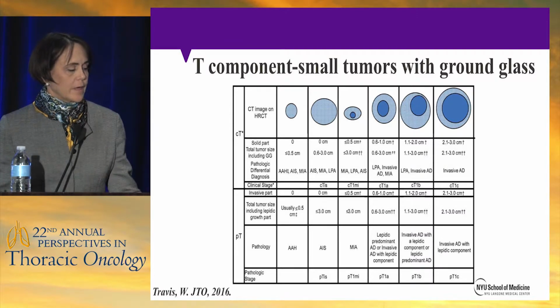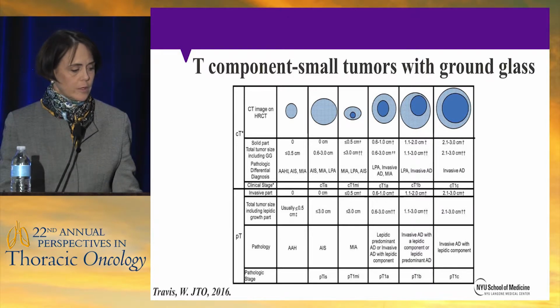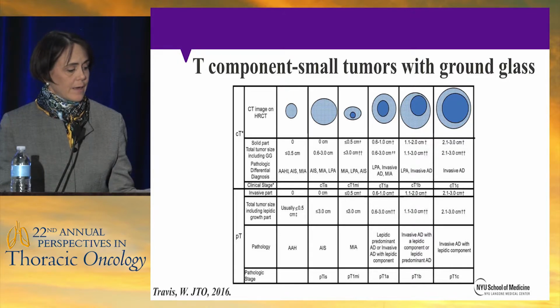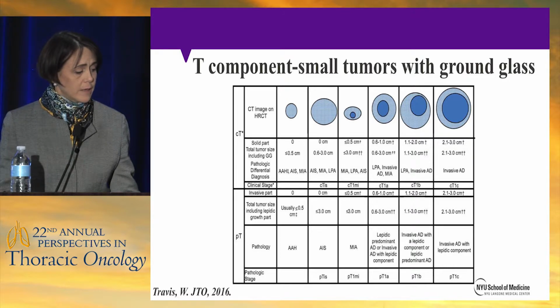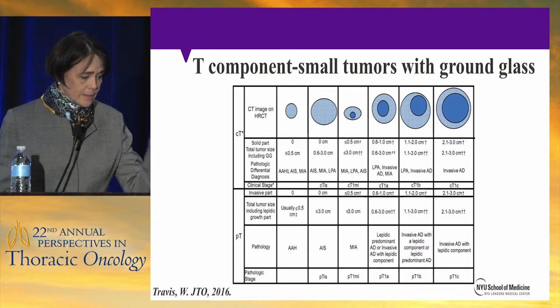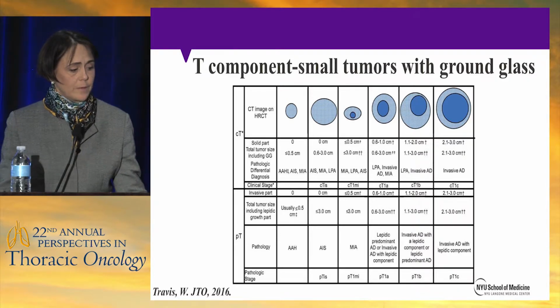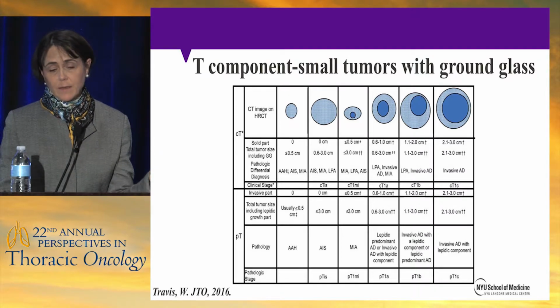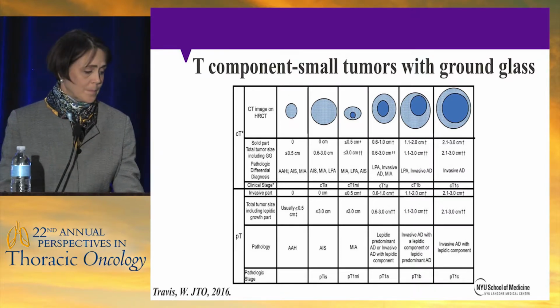And so we have very clear, I think, or clearer definitions for what is an AAH, less than 5 millimeters in size, pure ground glass, what is adenocarcinoma in situ, and that is something that's between 5 millimeters and 30 millimeters, pure ground glass, and then finally a minimally invasive adenocarcinoma, anything with an invasive component less than 5 millimeters.